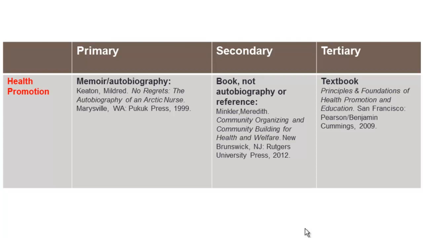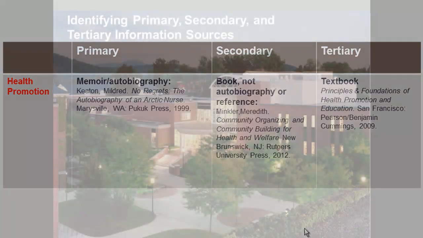And tertiary sources like dictionaries, encyclopedias, or textbooks are collections or distillations of primary and secondary source materials.